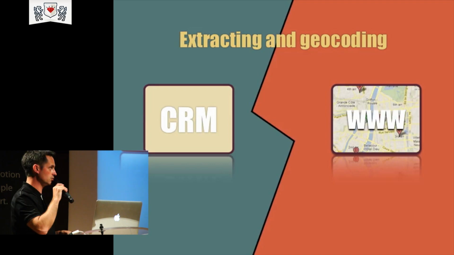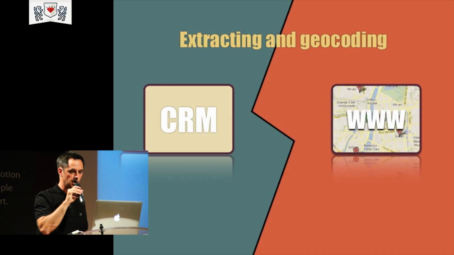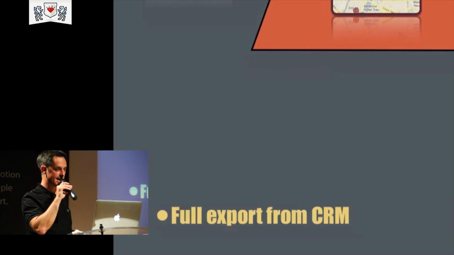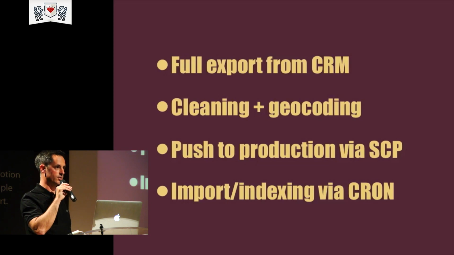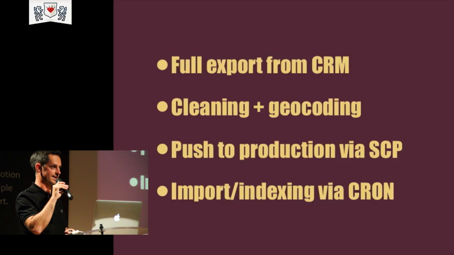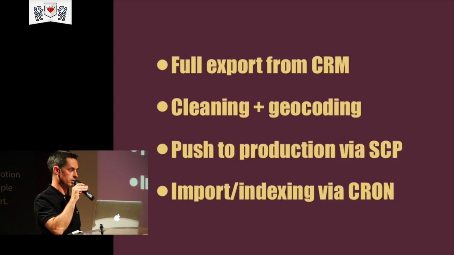The first solution is to buy a module from the CRM vendor or create some custom Java code, maybe if it's written in Java. The other solution is to do this: create a full export from the source database, like flat files. Then use Ruby or another tool to clean and geocode using whatever API of your choice.